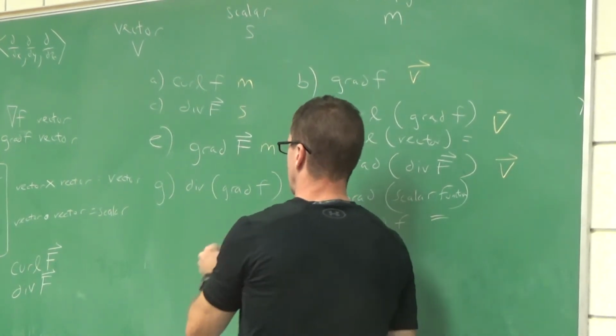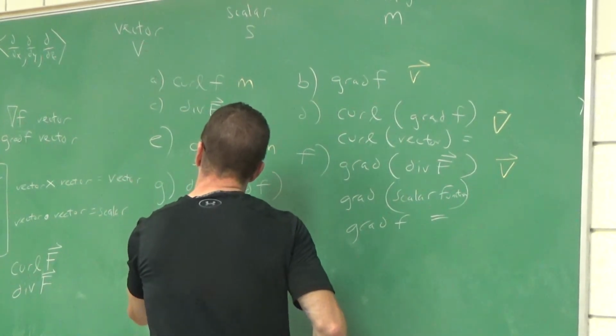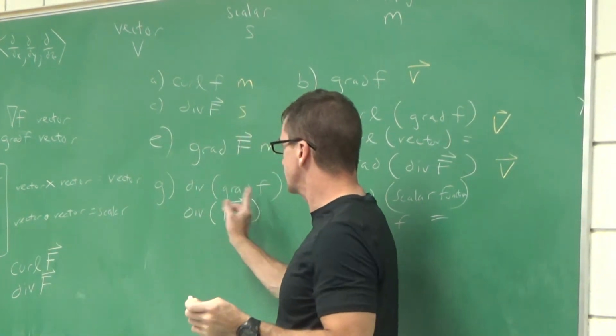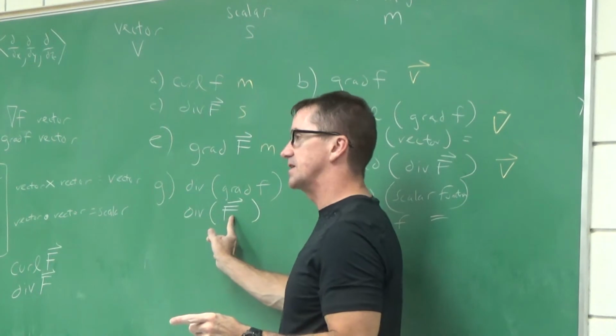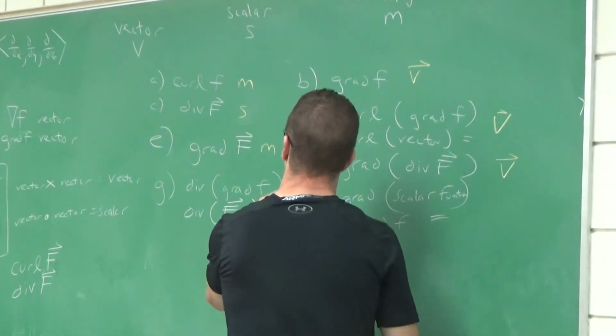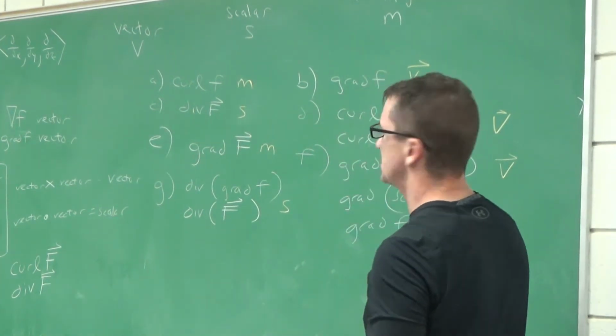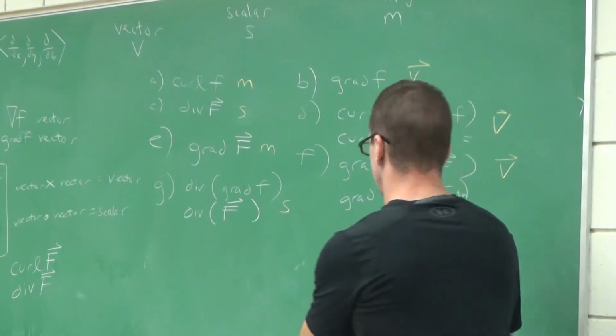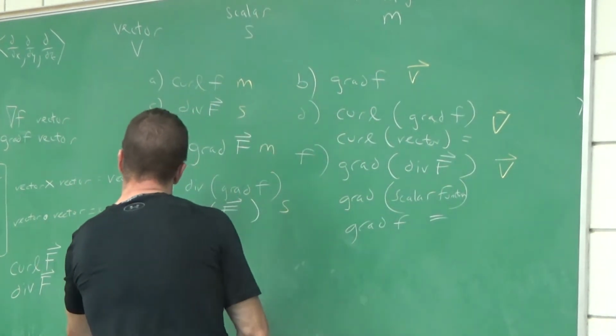That's a vector field like F, right? Does everyone agree? Gradient of a function is a vector. What's divergence of a vector field? A scalar. This has meaning. Does that make sense? Excellent.